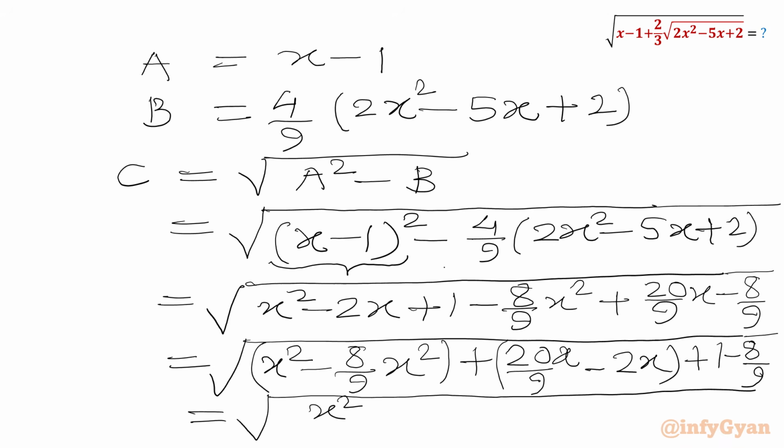Value will be x square over 9 plus 20 over 9 minus 2 times x, which will be 20 minus 18 over 9. So we can write here 2 over 9 times x. 1 minus 8 over 9 is same as 9 over 9 minus 8 over 9. Value will be equal to 1 over 9.